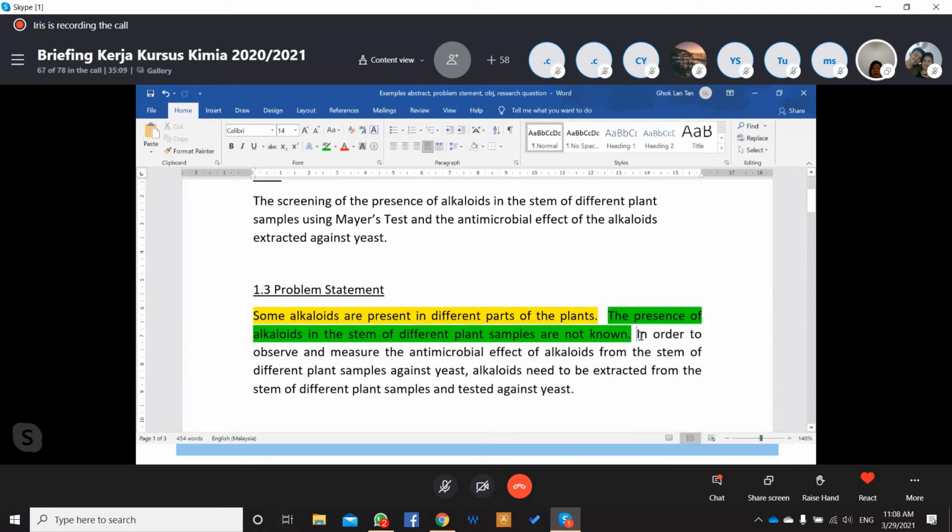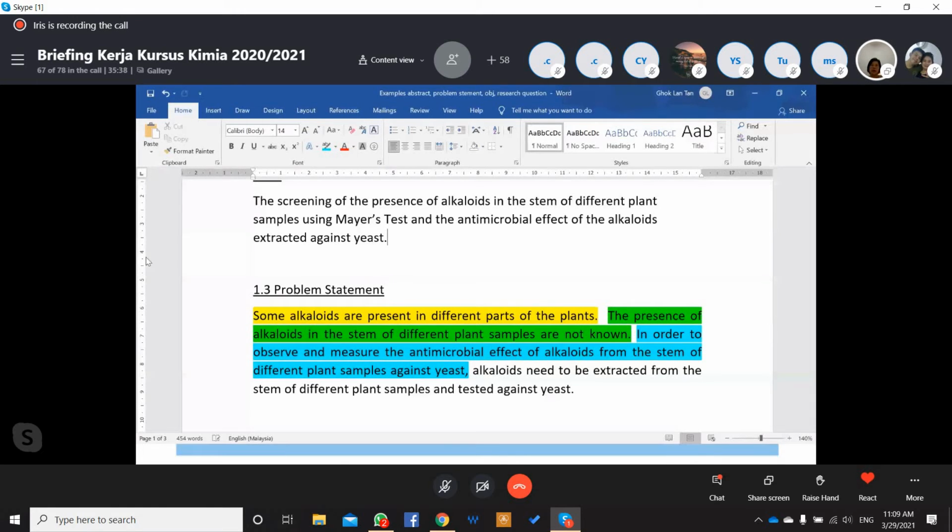So the third one is in order. In order to observe and measure the anti-microbial effect of these alkaloids from the stem of different plant sample against the aggression of yeast, this is my kenapa saya nak buat lah, kenapa saya nak tahu dan what is the implication.